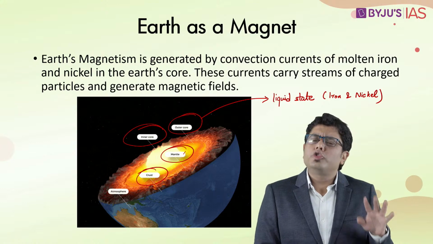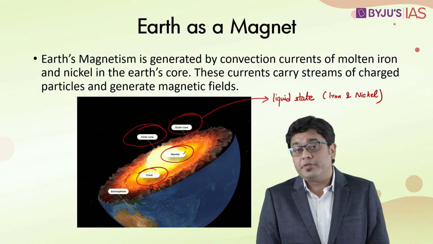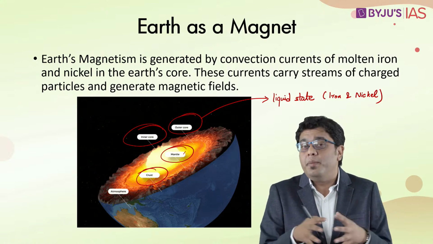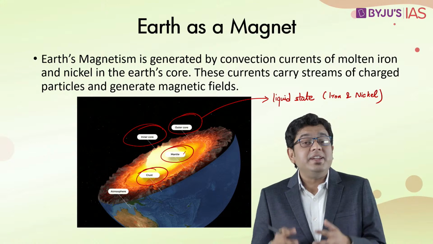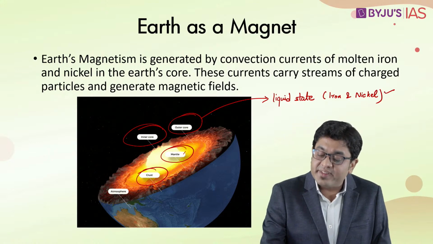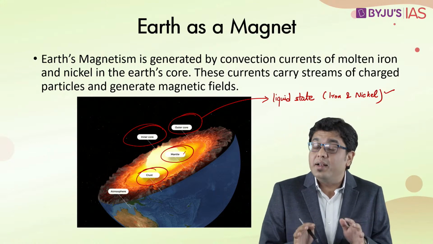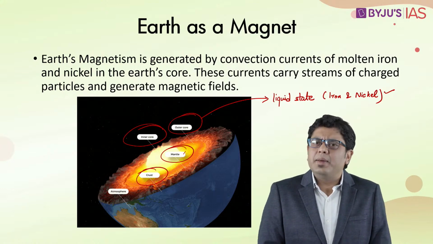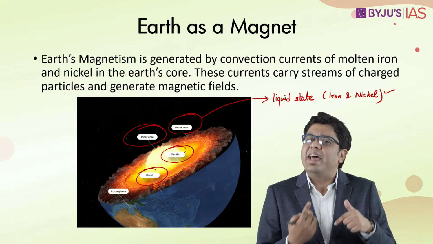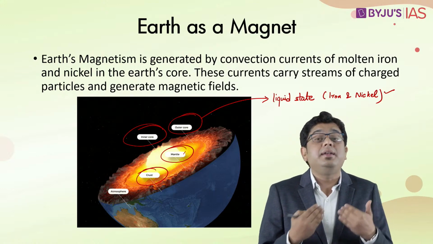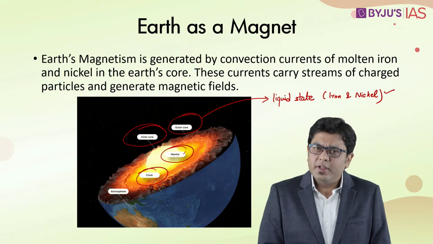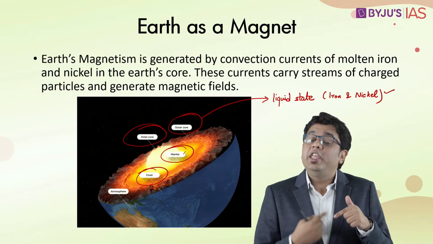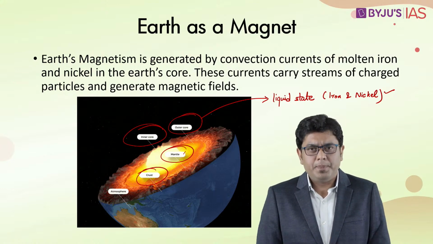At around 4 to 5 billion years ago, when Earth was in its initial stages of formation, the heavier minerals, that is iron and nickel, settled down in the region of the core. Now, Earth as a planet keeps rotating around its axis continuously, day in and day out. That means all the layers in the interior, along with the Earth's surface, also follow this rotatory motion.